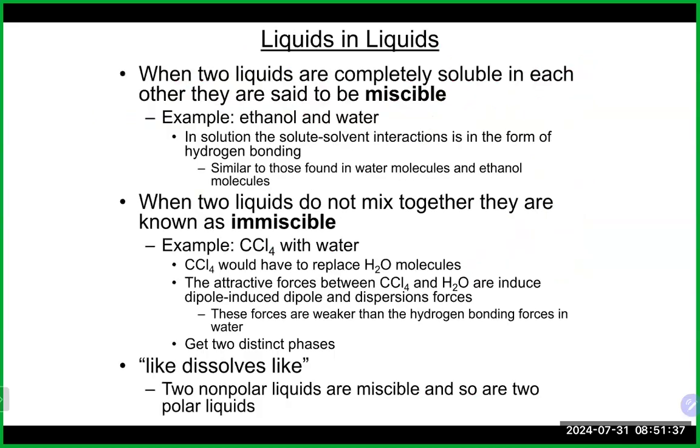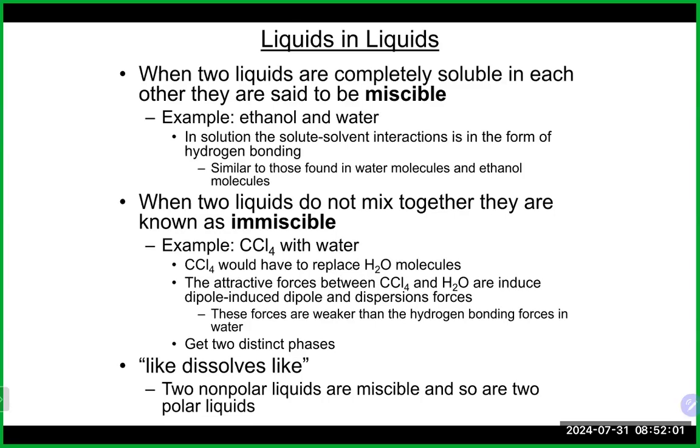When we talk about the solubility of liquids, sometimes we don't talk about it as being soluble or insoluble. Sometimes when we're dealing with liquids, we talk about it as being miscible or immiscible. It basically means the same thing. If two liquids are miscible in each other, that means they're soluble in each other. They're going to mix.